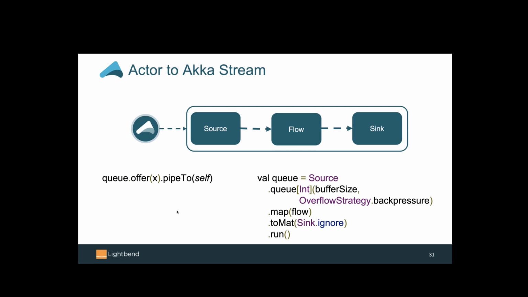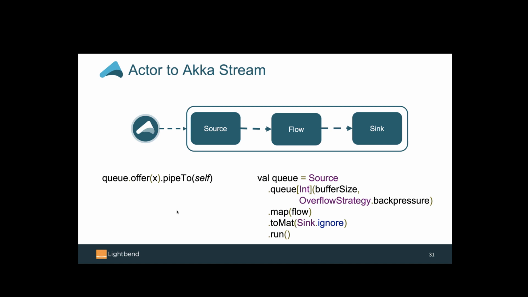There's a really great tool called a source.queue, and this queue gives you the ability to insert messages into a running stream. You can see in the code on the right, there's source.queue and there's integer, so the source.queue is going to be taking in messages of type int.